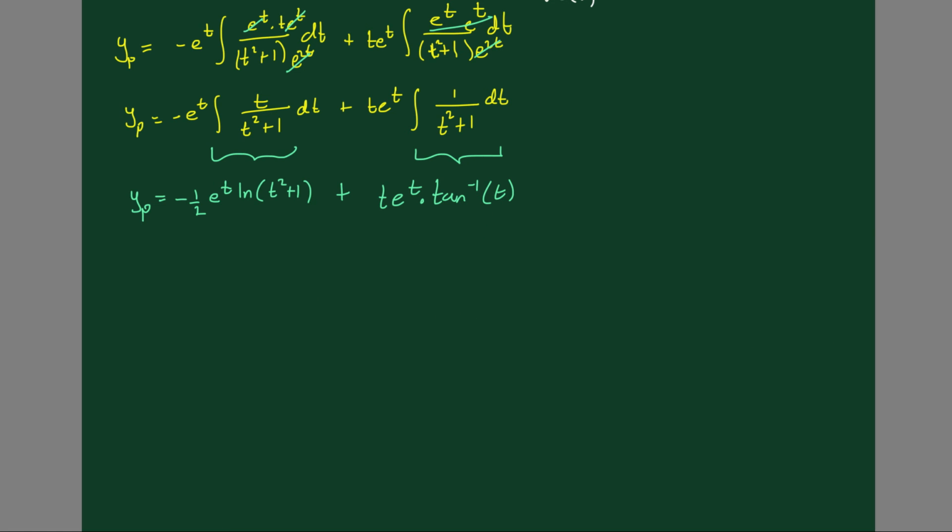So we can write our full solution now. Since we have the particular solution here, our full solution is then y of t is equal to y1, which is c1 times e to the power t, and then plus y2, which is c2 times t e to the power t, and then plus our particular solution here, which is going to be minus a half e to the t ln of t squared plus 1, and then plus t multiplied by e to the t, so t times e to the t times the tangent inverse of t.